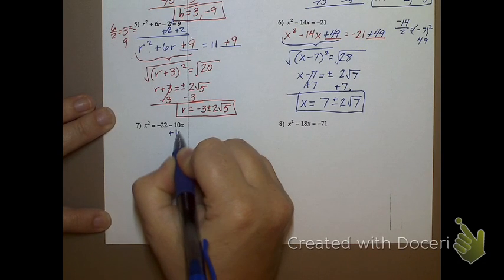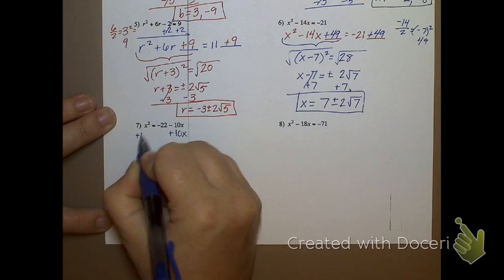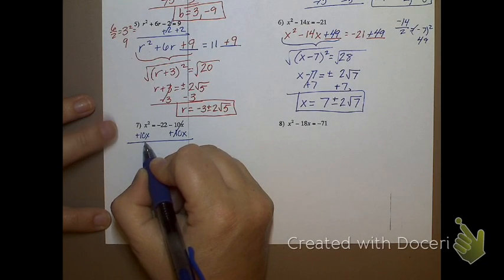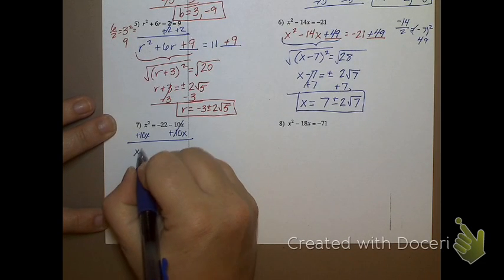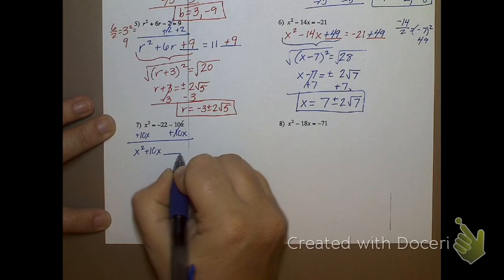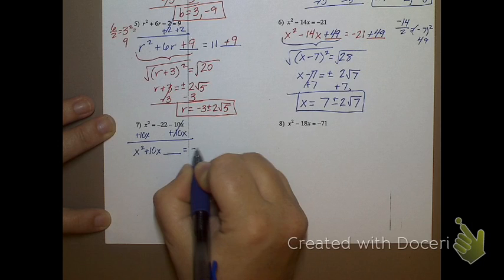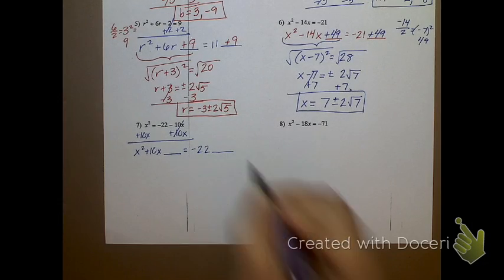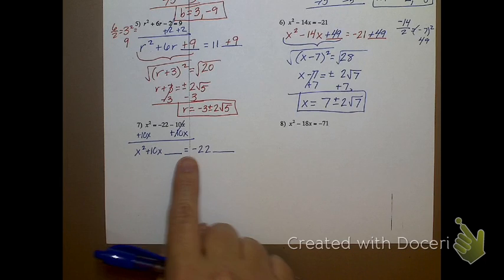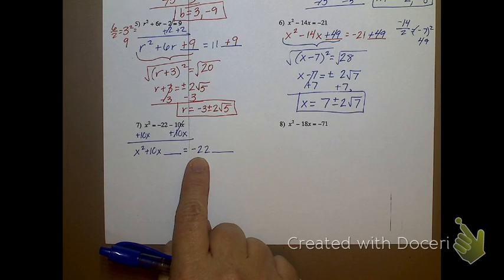So I'm going to add 10x. And I can't add x squared and 10x because they're not like terms. So I just have x squared plus 10x. And then I'm ready for my blank. Equals negative 22 blank. So I have AB equals C. Do you get what I mean when I say that?